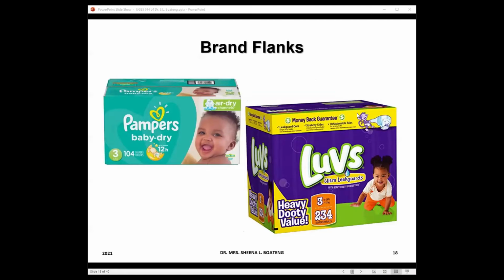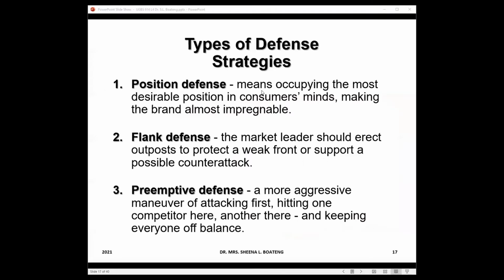And they own these two products in the same category, where Pampers is the market leader for them in the United States, and Luvs diapers is the flank for Pampers. So that is another example of how a company can erect an outpost to support a possible counterattack from any brand that would potentially want to compete in the same sector.